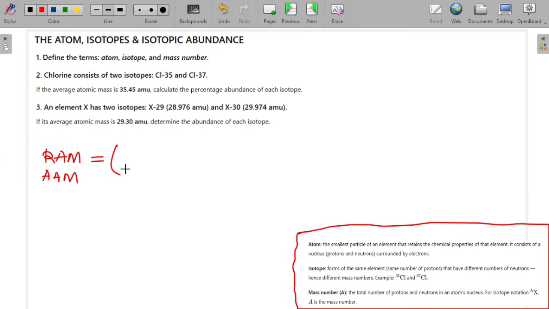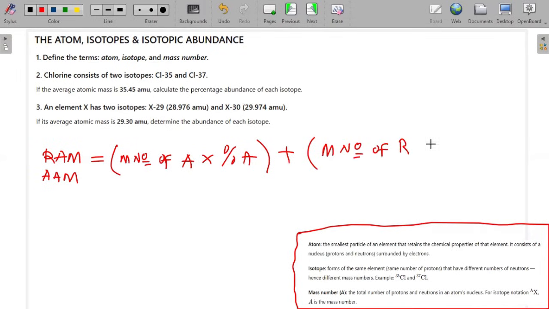Let's say this element has two isotopes, isotope A and isotope B. So it will be the mass number of isotope A multiplied by its percentage abundance, and then plus the mass number of isotope B multiplied by its percentage what? Abundance. So this is the formula for finding the RAM, or the relative atomic mass. Some people call it the average atomic mass, but it's the same thing.